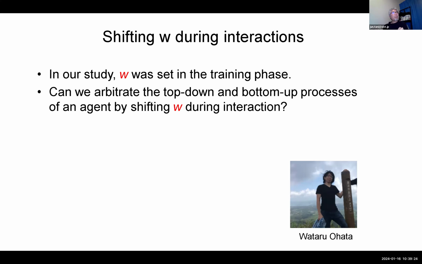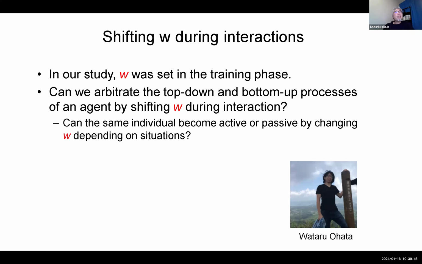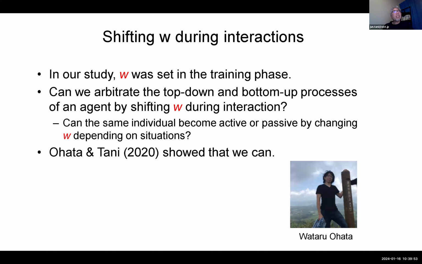However, the question is, can we arbitrate the top-down and bottom-up process of an agent by shifting W during the interaction? Once trained with some specific W, we want to change the characteristic of the robot or agent by shifting W during the interaction phase. So can the same individual become active or passive by changing W depending on the situation?